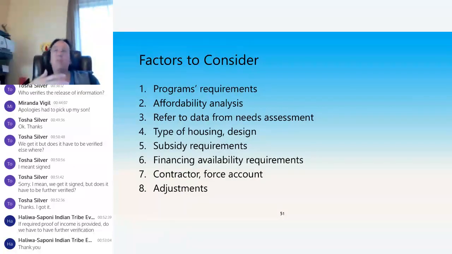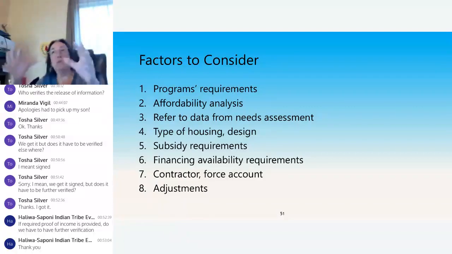What are you going to consider? The program requirements, the affordability analysis. What can your tenants afford to pay? Refer to the data from a needs assessment if you had one. You try to do a needs assessment of your tribal people every 5 years if you can, at least 10 years, but 5 years is really good to find out what the people that are out there right now need and want.